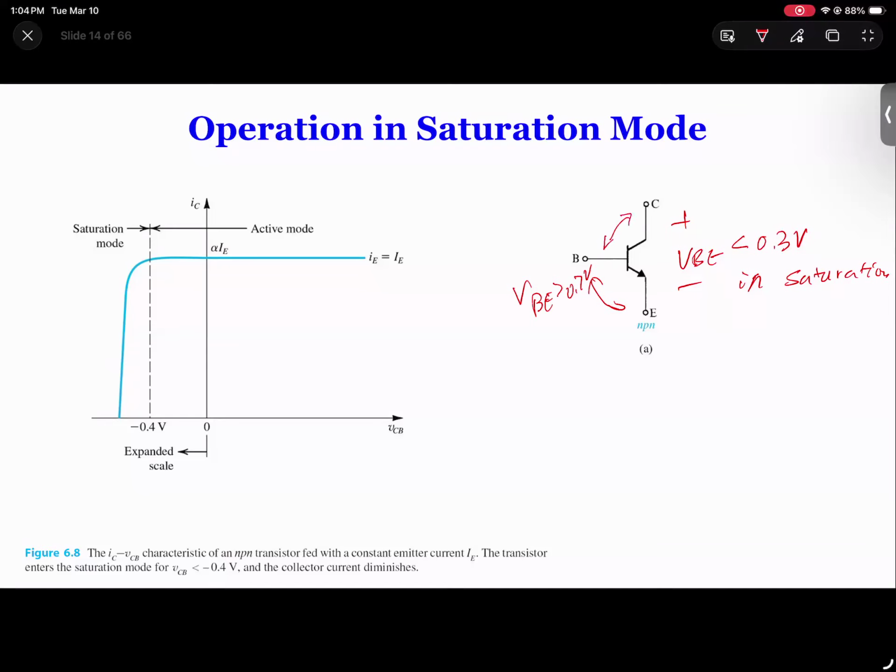If you look at this, at the bottom we have the emitter. So if the emitter is grounded, I'm going to draw another diagram over here. So if this is grounded, from here to here, it's 0.7 volts.